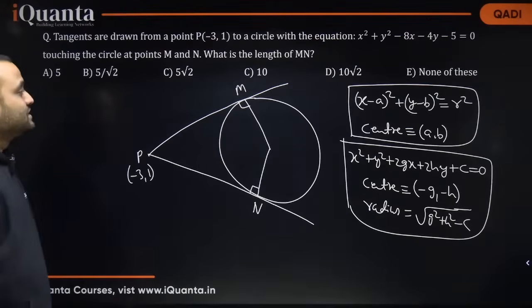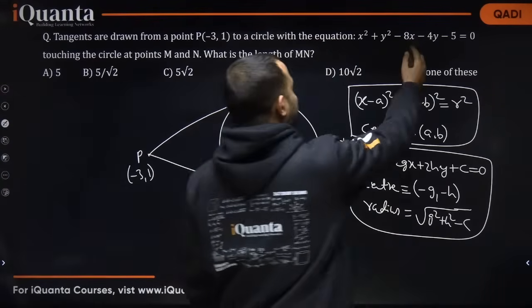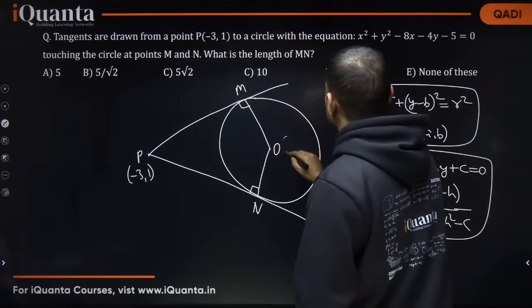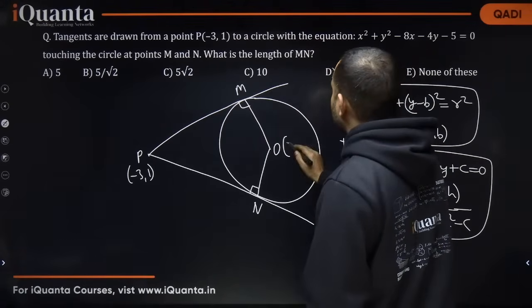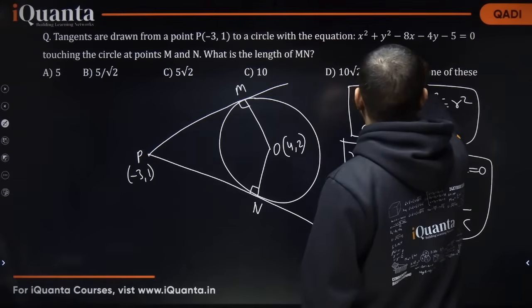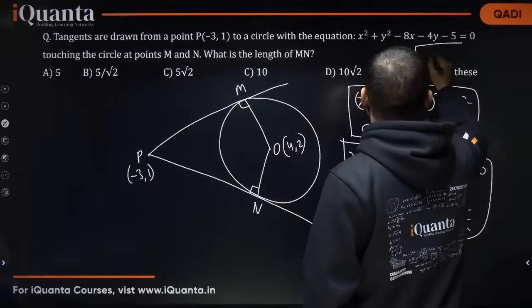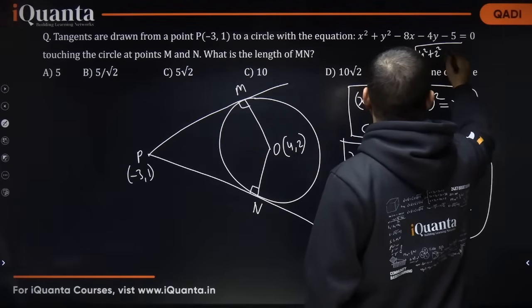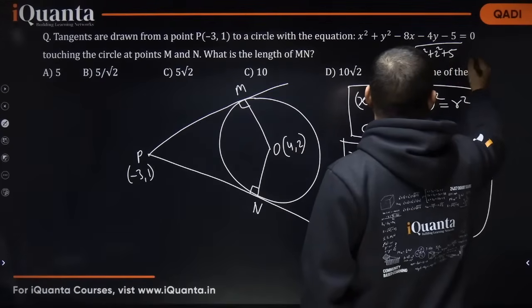Any idea? See, first of all, you need to find the center. What will be the center, guys? This center O will be from here, it will be 4 and 2, right? And radius will be square root of 4 square plus 2 square plus 5, which is equal to 5.